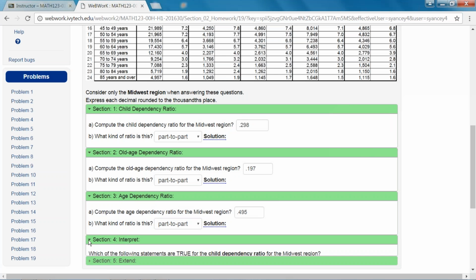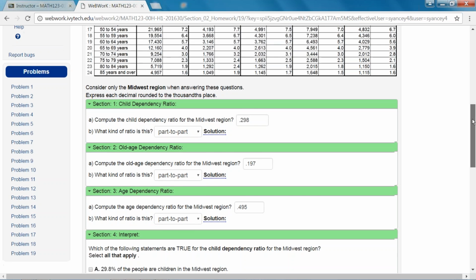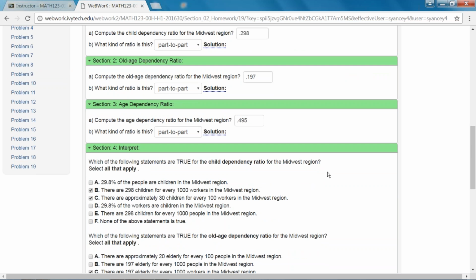Now comes the interpretation. Our child dependency ratio, we calculated, was 0.298. So we cannot make this a percent because it's not per everyone in the Midwest.